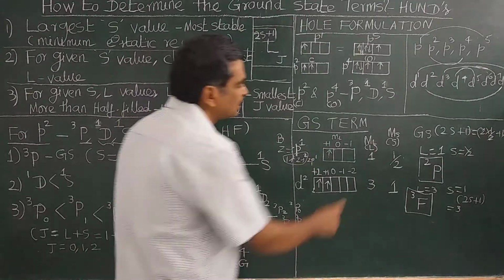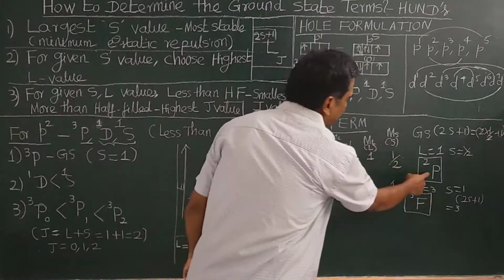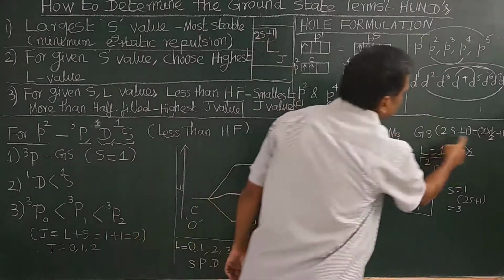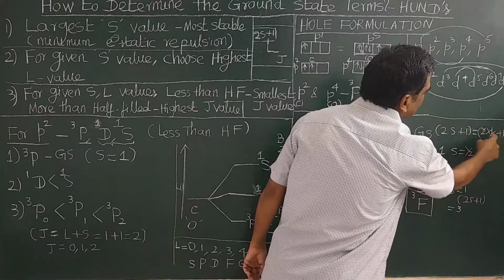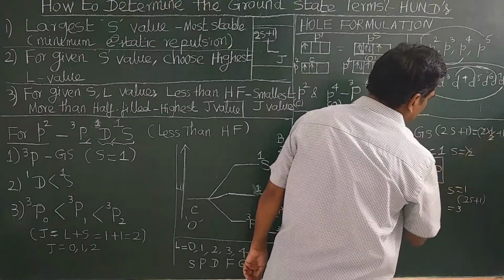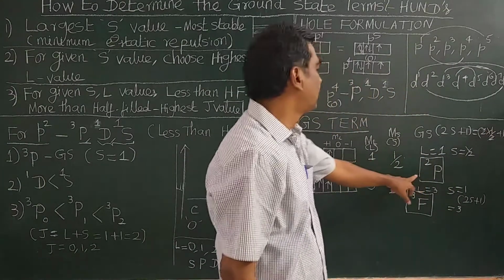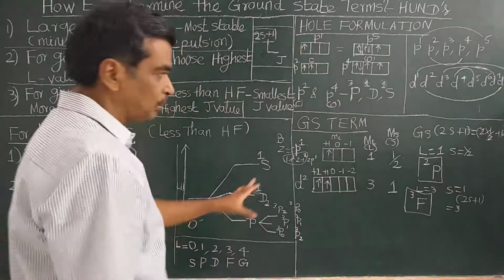Therefore, L equal to 1, which is a P term. And 2S plus 1 is the spin multiplicity. Therefore, 2 into 1 by 2 plus 1, it will be a doublet state. So the P doublet state is the ground state term symbol.